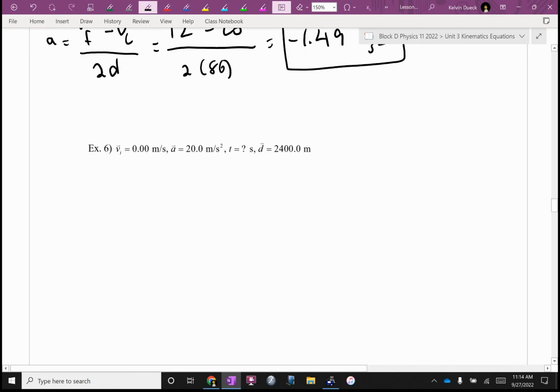Okay. Mara, what do they want me to find? Which equation? D equals VIT plus a half AT squared.